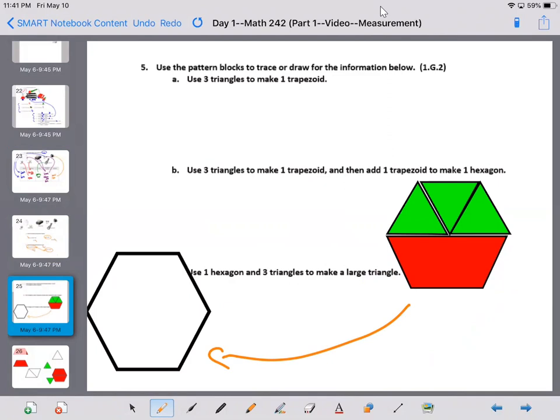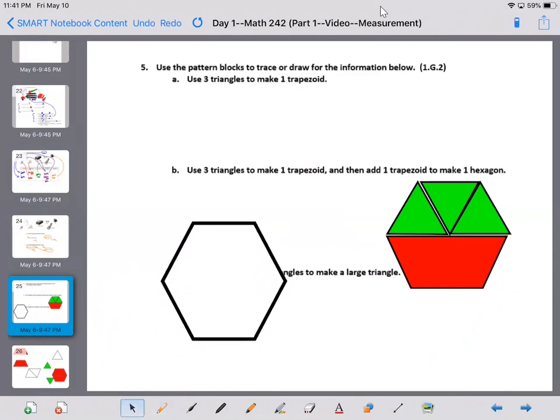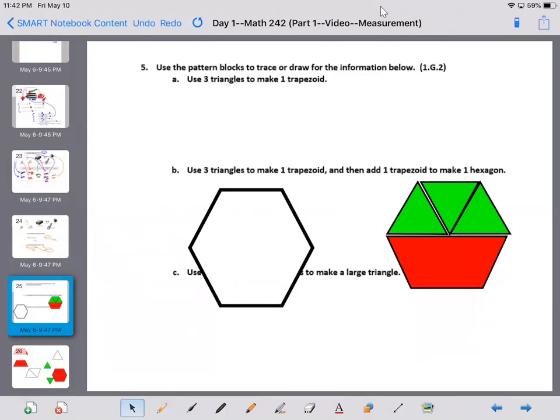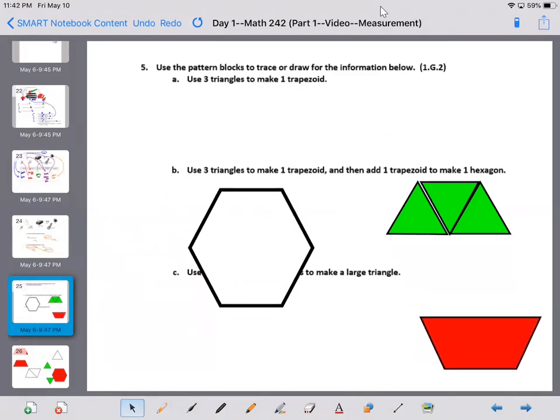And then this last one, we could take that hexagon and it says use the 1 hexagon and 3 triangles to make a larger triangle. So you have the kids play around with the pattern blocks and try to figure out how to make that larger triangle.